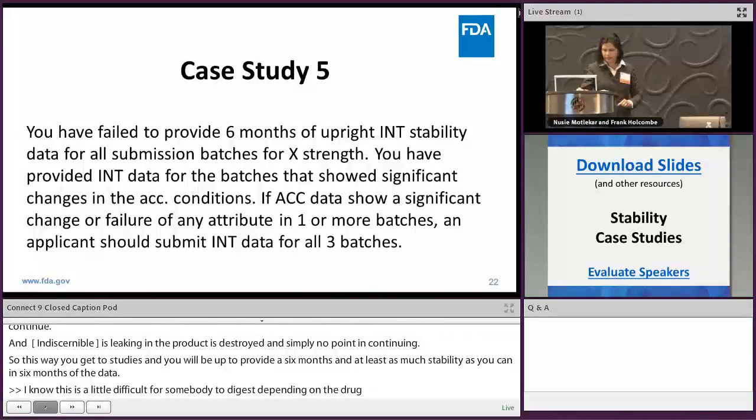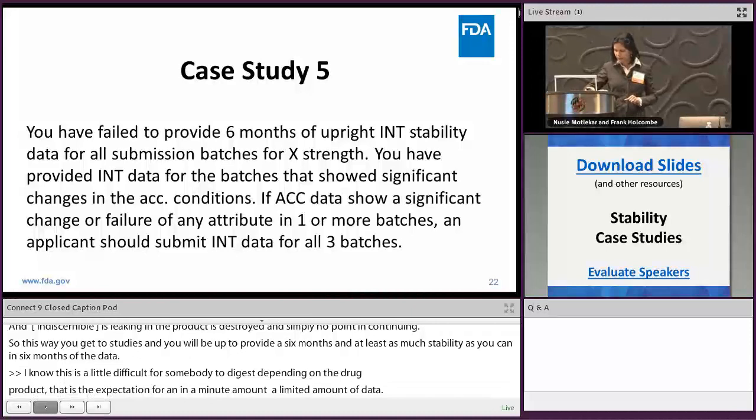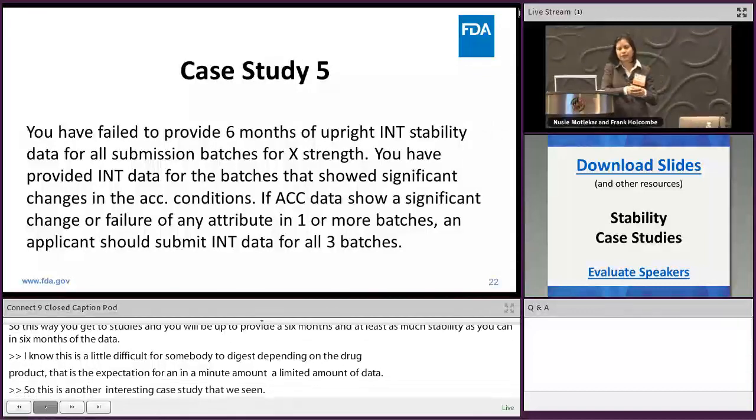This is another interesting case study that we've seen. So this is again pertaining to intermediate stability data. So your accelerated stabilities have failed, maybe for a particular orientation. For instance, your horizontal orientation for a particular batch has failed.